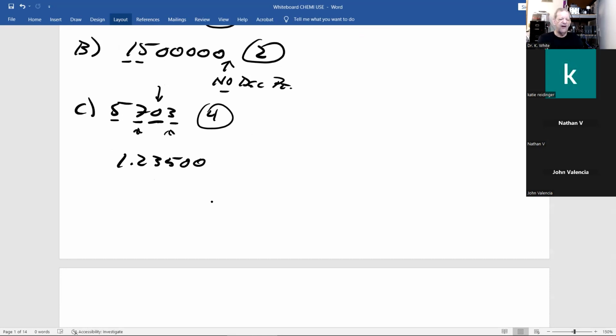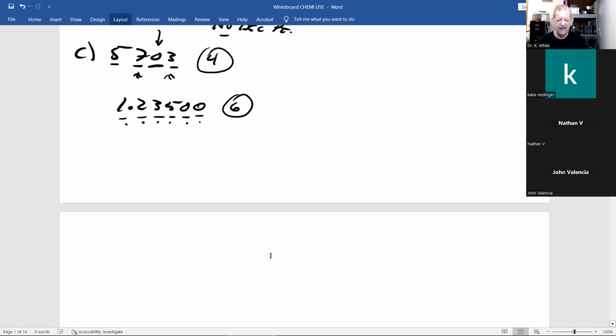Now, if we look at this number, we have a decimal point. So trailing zeros with a decimal point are significant. Non-zero numbers are significant. So we have 1, 2, 3, 4, 5, 6. And remember, leading zeros are not significant. And you should be able to do that.